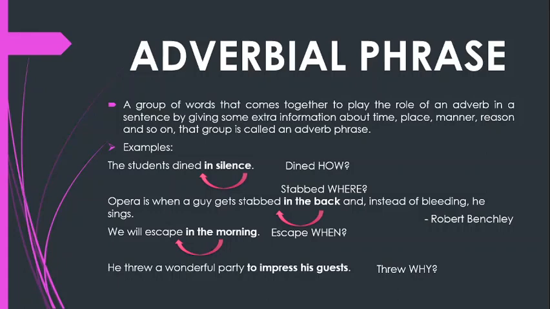But be careful. Just check whether there is a finite verb present or not. If there is no finite verb present, then go for it. Select it as a phrase. Adverbial phrase in case of the WH words how, where, when, why, or noun phrase in case of who, what, or whom. And if you get some description about the noun itself or the pronoun itself, go for the adjective phrase.